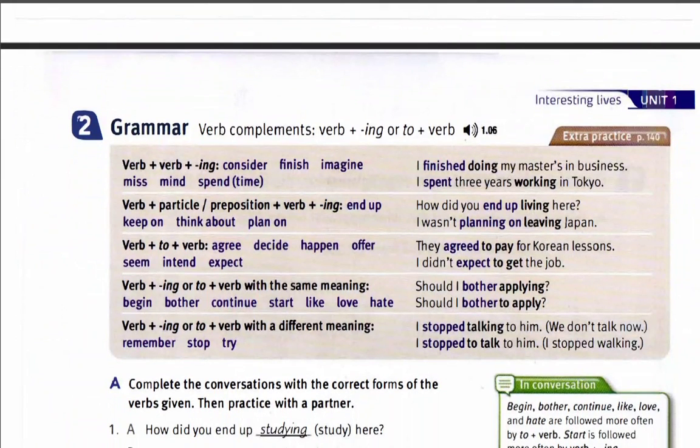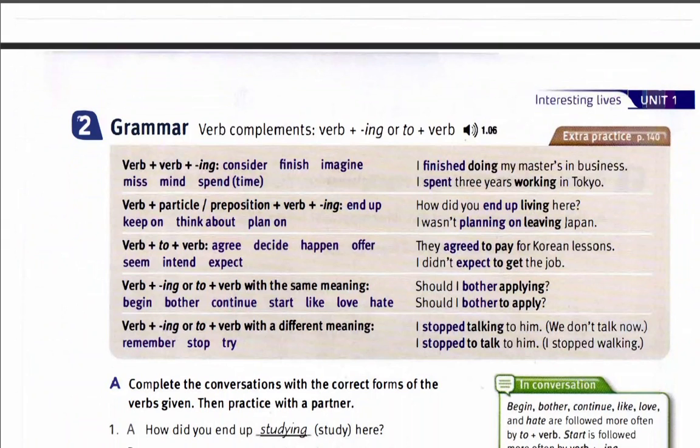Here is some grammar that you can look at carefully. Different verbs are used with different forms. Some verbs, like consider, finish, imagine, miss, mind, spend, these verbs are used verb plus ing. I finished doing. I spent 3 years working. Some verbs are used with the particle or a preposition plus verb ing.